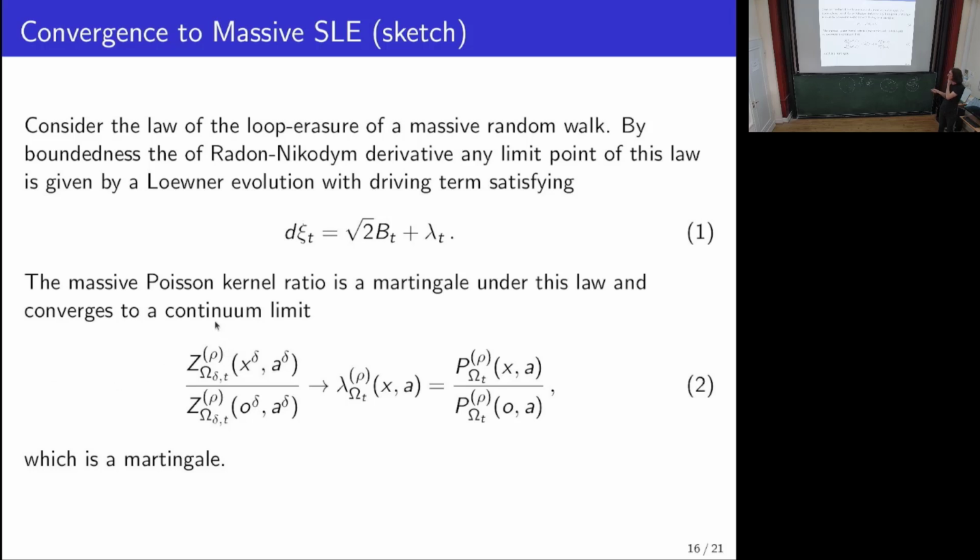And this will no longer be harmonic, but massive harmonic. So in the continuum, this means it will not satisfy Laplacian of P is 0, it will satisfy Laplacian minus rho, like the operator that multiplies in every point by rho of x, of P equals 0.